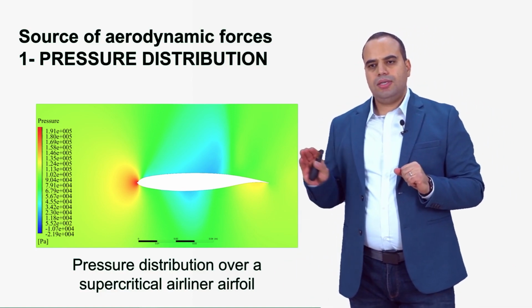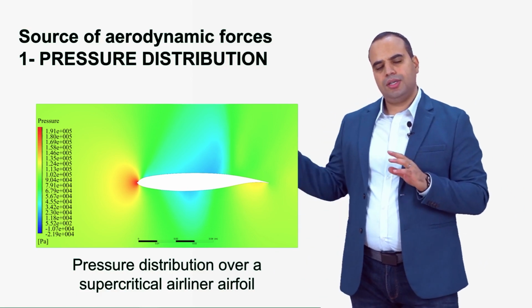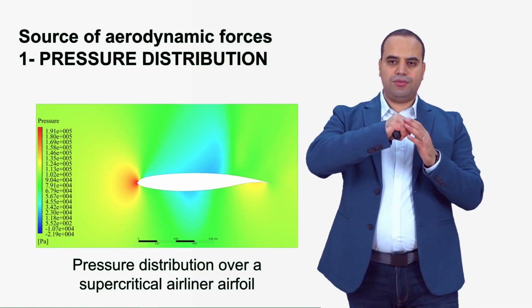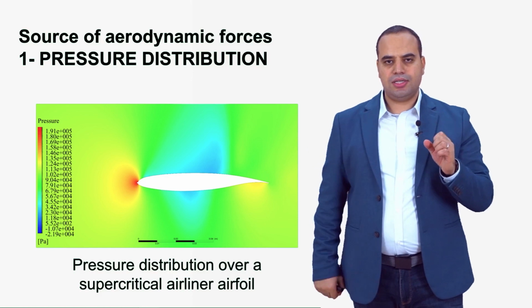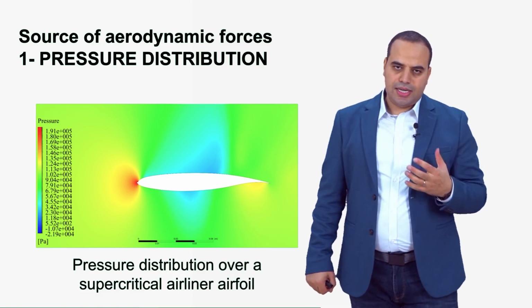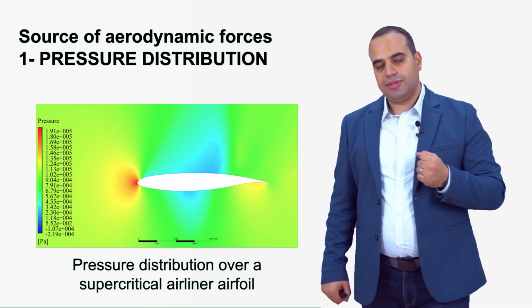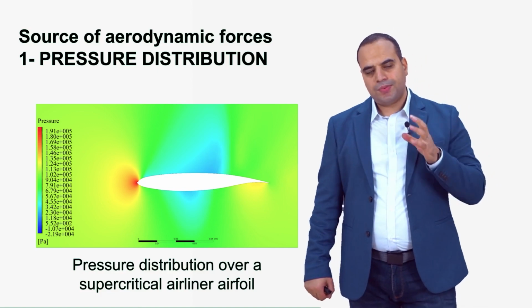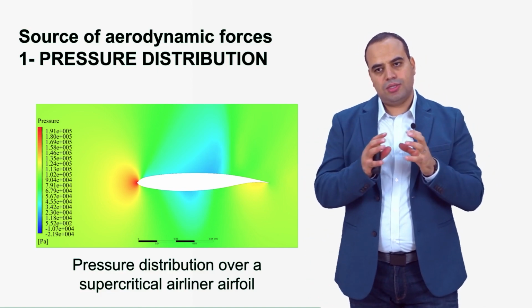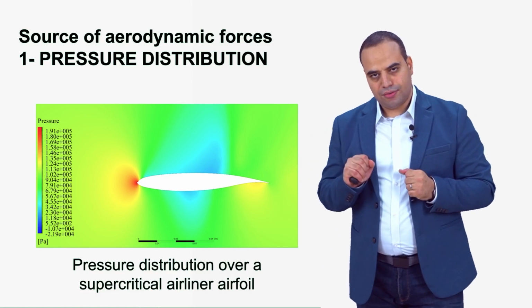Right, so here what we can see is a very large red region just at the nose of the airfoil, right? This large region means that the fluid, which is the air, is pushing against the airfoil with very large forces, because the pressure there is very high. There is an accumulation of particles there that are hitting the nose of the airfoil, right?